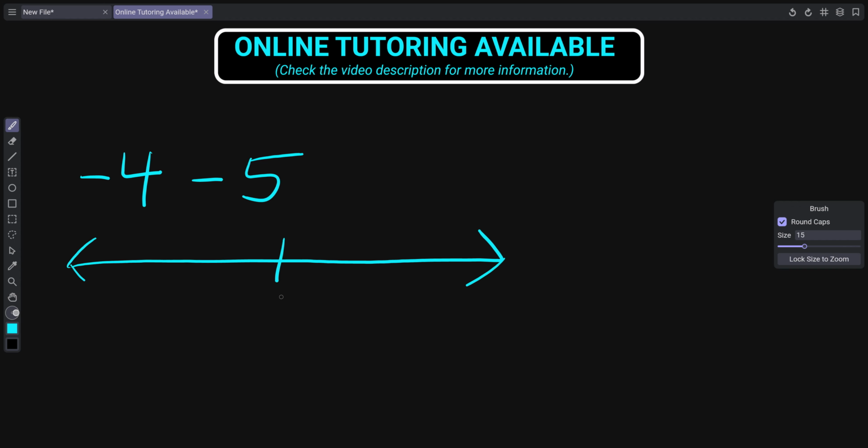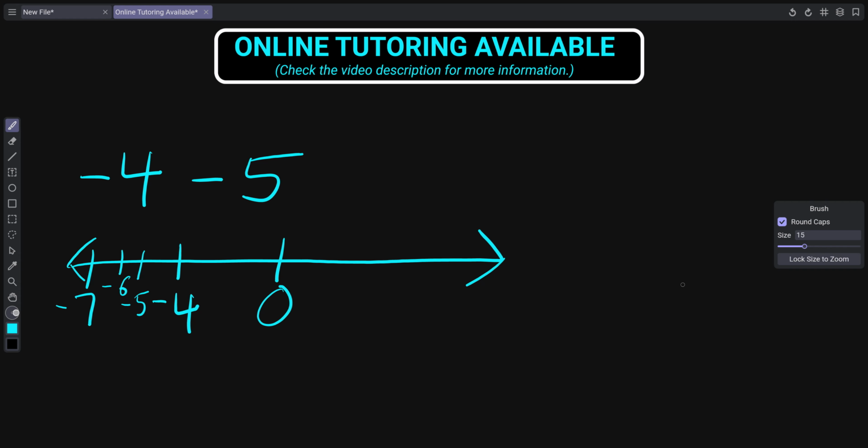This is where 0 would be, and then negative 4, let's imagine it's here, and we would count down from here, so we would actually go to the left. We would go to negative 5, negative 6, and then finally negative 7 and onwards. So we're counting down, and it's actually going to look like we're adding.